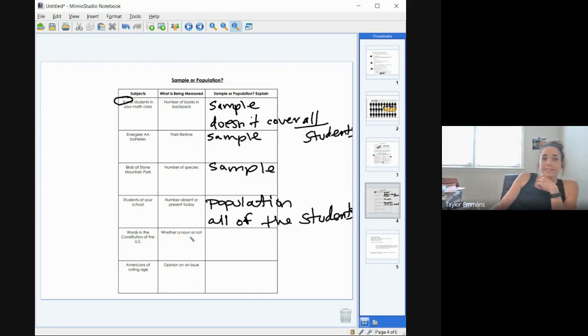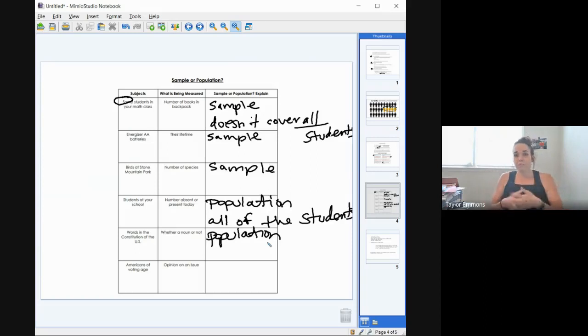Okay, words in the Constitution of the U.S. and whether it's a noun or not. Some of y'all are saying population and kind of questioning it, but let's have a conversation about it. So the Constitution is a finite piece of paper, right?